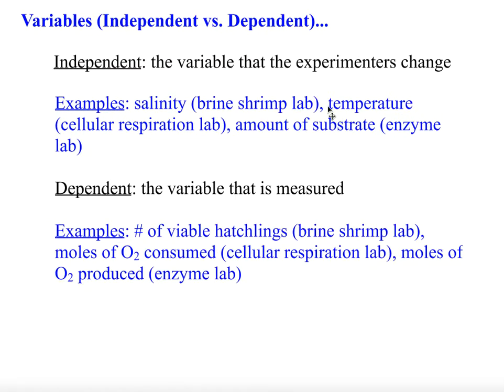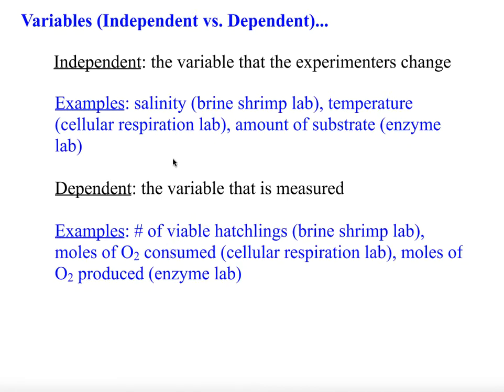Okay, variables, you guys should have this cold. Independent, the variable that the experimenters change, or that you change when you're doing the experiment. Brine Shrimp Lab, salinity, temperature for the cellular respiration lab, amount of substrate for the enzyme lab. Anytime you guys designed your own experiment, it was the independent variable that I was allowing you to select, right? And then the dependent variable was the variable that was measured.